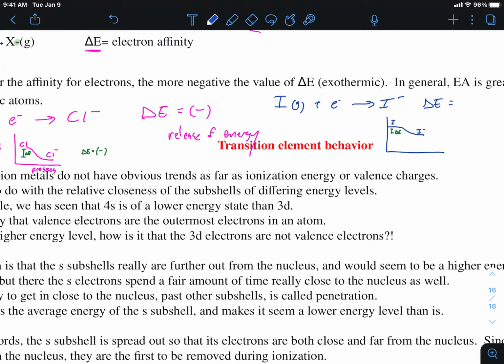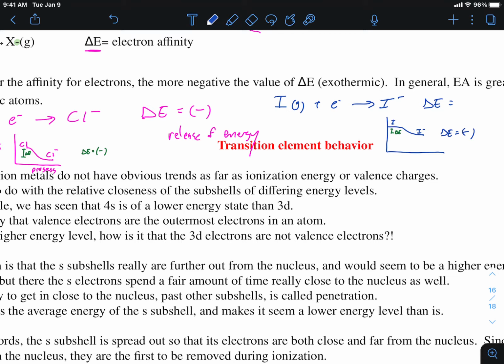Observations about this energy profile relative to chlorine. It's less exothermic? Yes. The energy change is less. Okay, so we can still call this an exothermic process, but in terms of magnitude, it's not going to release as much energy.